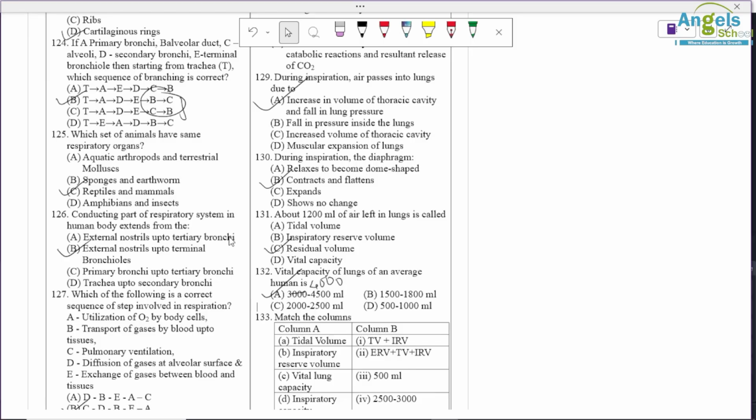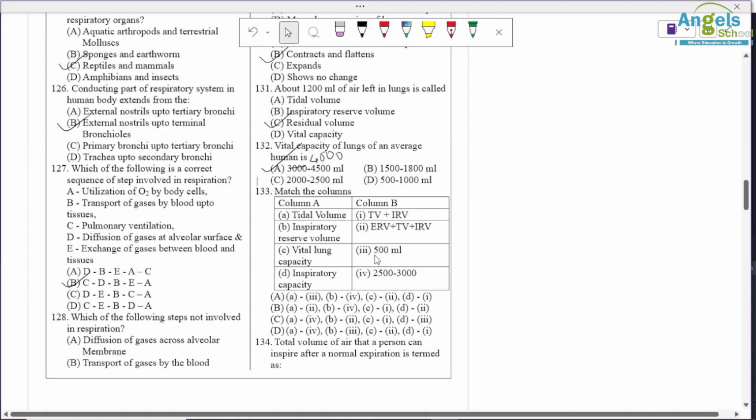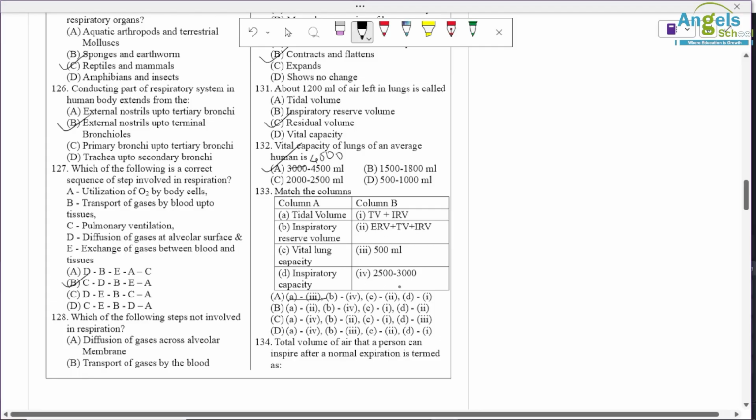Match the column. Question number 133. So tidal volume is 500 ml, so A3. Then inspiratory reserve volume is 2,500 to 3,000 ml.